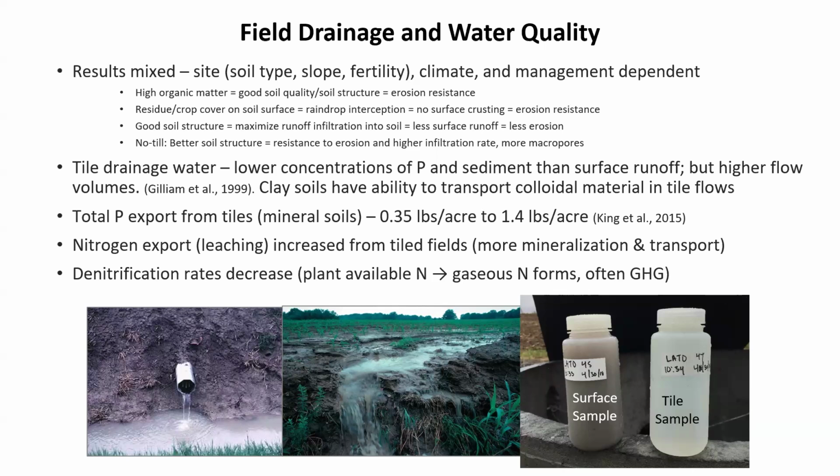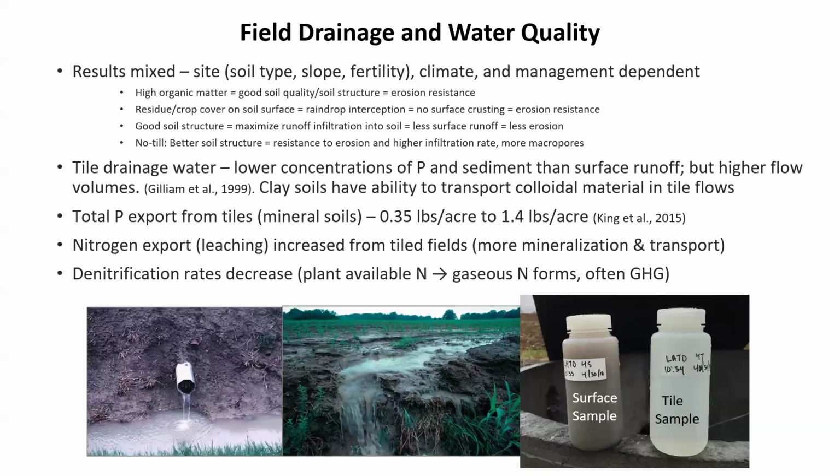But generally speaking, the amount of phosphorus we're exporting from our soils is very low. This is the total P export from tiles, listed about 0.35 to 1.4 pounds per acre. That's from a review in 2015 of the tile drainage literature. We'll see later on with the data that I have to present, it falls pretty well within that range.